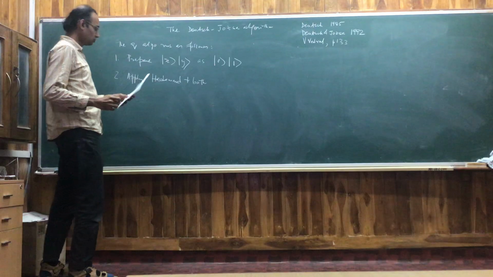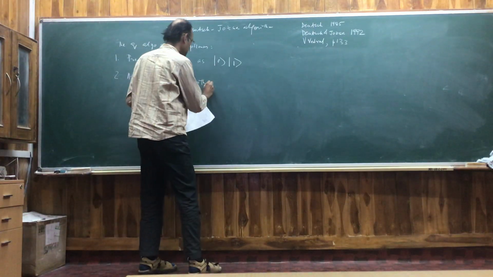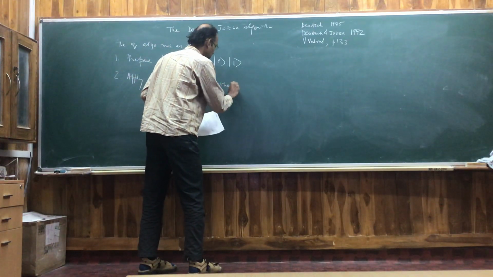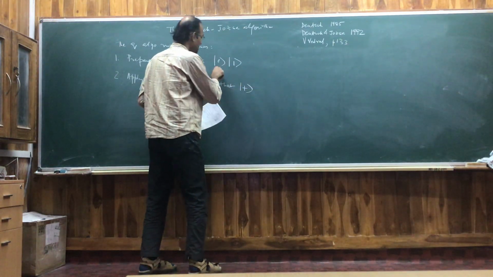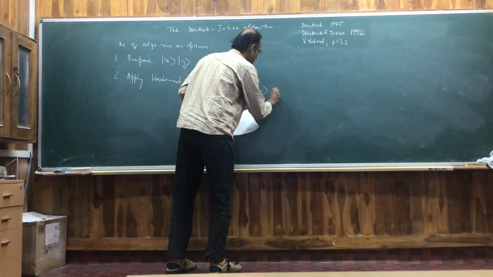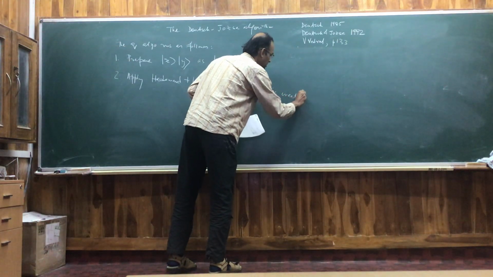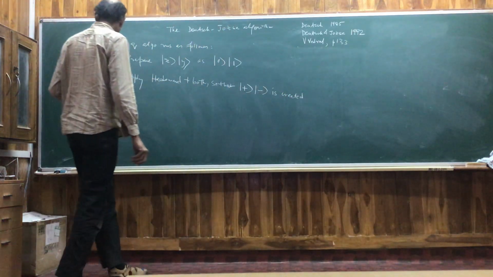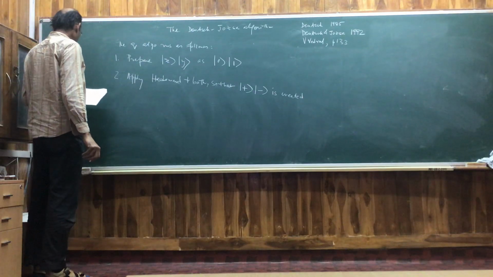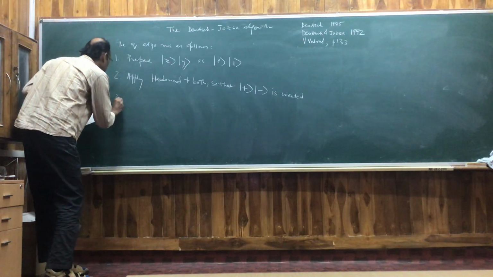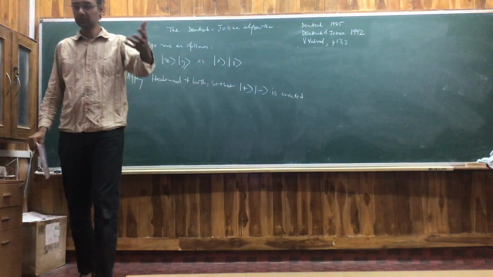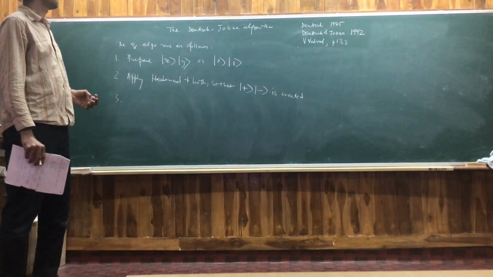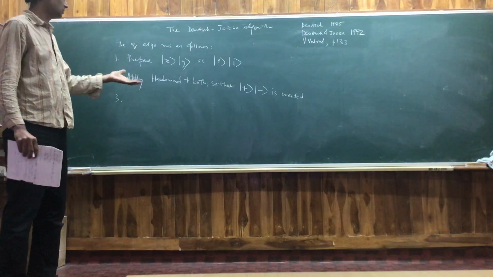So we apply Hadamard to both, so that this becomes plus, this becomes minus. And then we feed it to the black box, the UF.